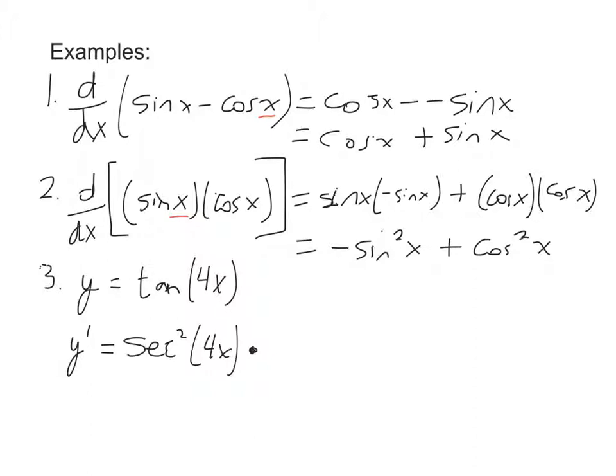In this case, I'm looking at this as my inner function here, 4x. Well, I got to take it times the derivative of that, which would be 4. And this might just be simplified up a little bit by calling it just 4 times secant squared of 4x, with or without the parentheses there. So that chain rule stuff is always in play. That's what you got to remember.